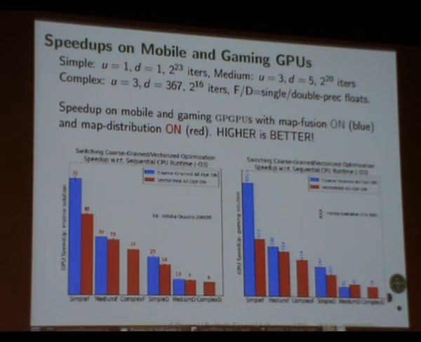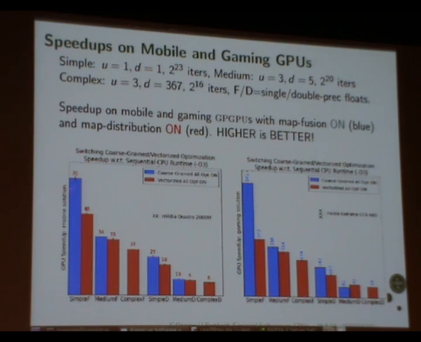And complex means that you have 3 underlyings and 367 dates. So as U and D increase, this means that those temporaries are now two-dimensional arrays with, for example, in the second case, first size 3 and the second 5, so a 15-size vector, and here even bigger.